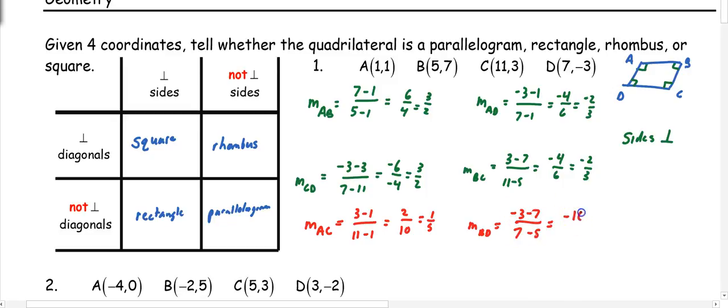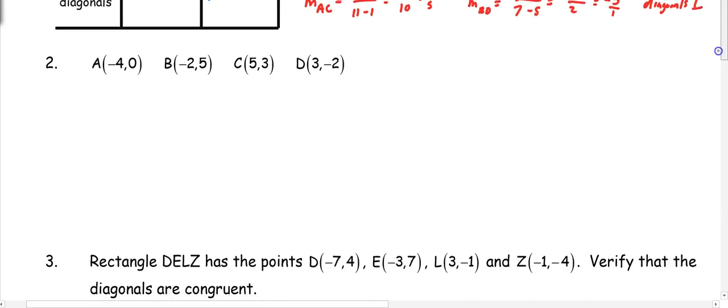That gets me negative 10 over 2, which reduces to negative 5 over 1. So 1/5 and negative 5 over 1 means that the diagonals are also perpendicular. So remember, if we have perpendicular sides and perpendicular diagonals, our shape is going to be a square. All right, so let's try looking at another one.